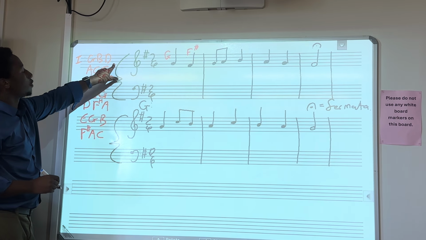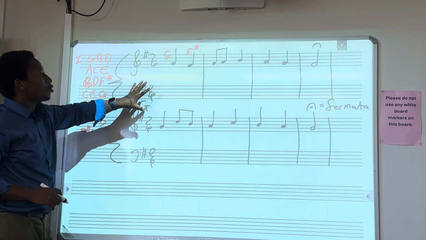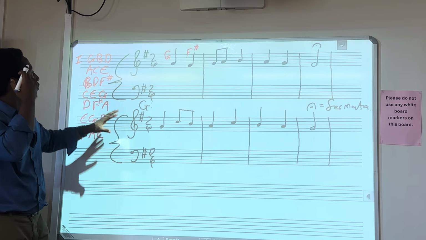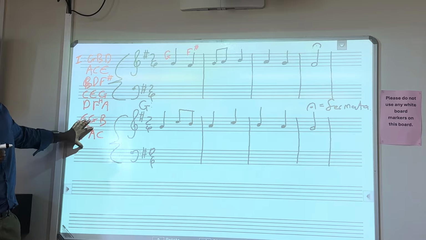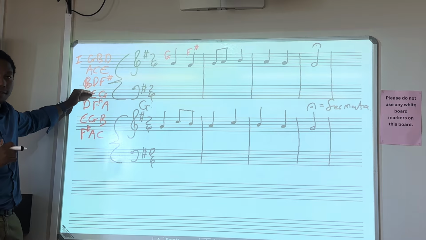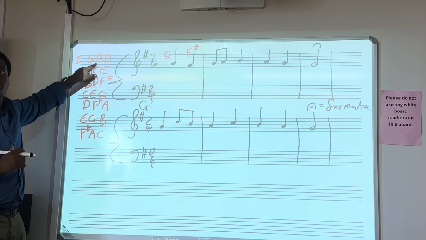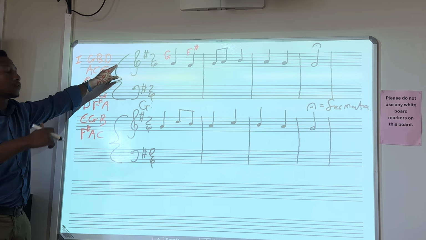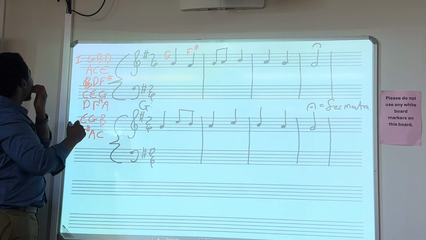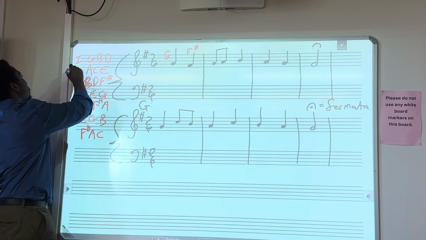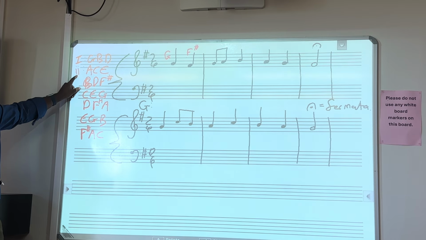So this is chord 1. It's G, B, D. This is if you're not so well informed with your keys and your triads. I would advise you to do this maybe on the side, to write out each and every note on each chord. In chord 1, G, B, D, you just skip 1. Chord 2, it's A, C, E. You just need to know that it's minor. So small 2.